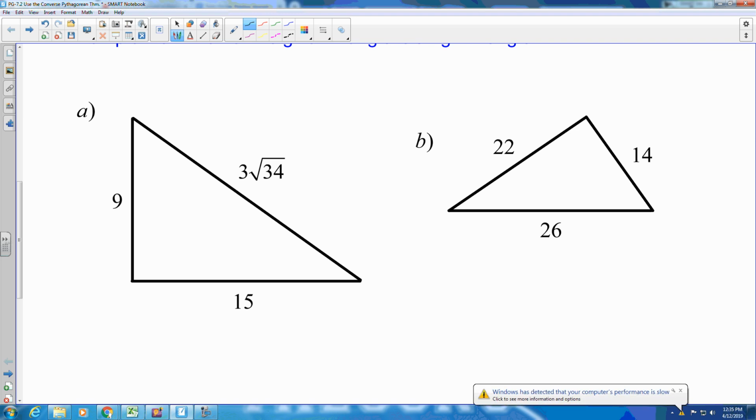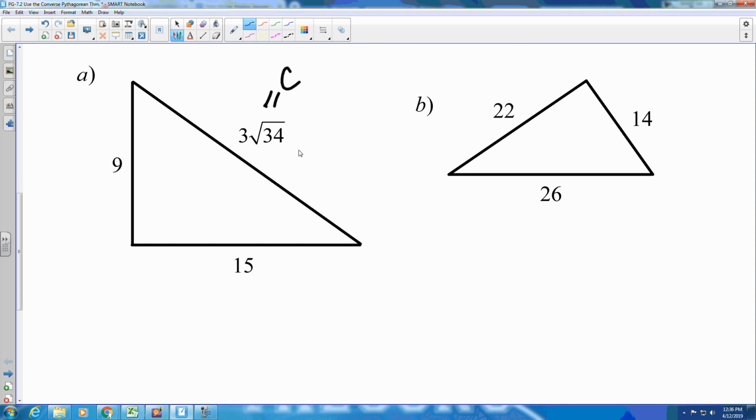If you look at this, we got 9, we got 15. An approximation of the square root of 34 is about 5.83, but you multiply that by 3, and you get something like 17.49. So 17.49 is larger than 15, so this is going to be my value of C.